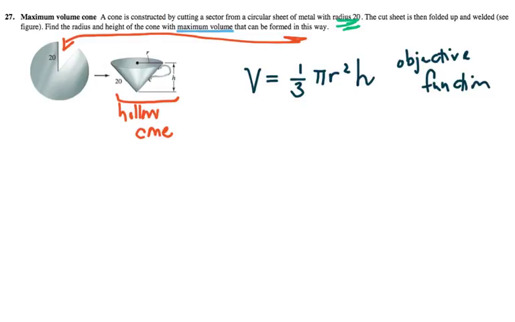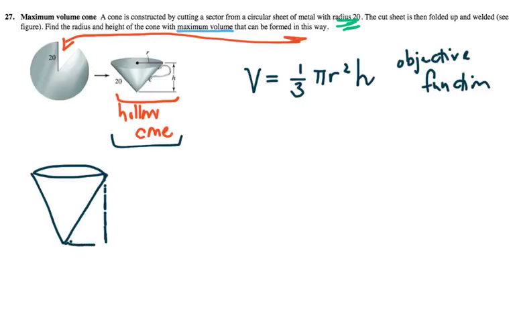Well, if we look at the second image here, looking at this cone that has been welded out of this sheet of metal, I'm going to draw it in a different way. I'm going to draw it like so. Here's our cone. If I drop a perpendicular down and draw a horizontal line over, I know that I have a right triangle whose hypotenuse is 20.